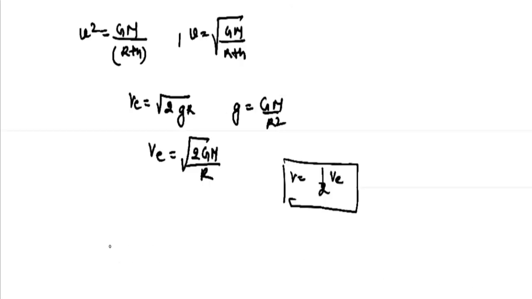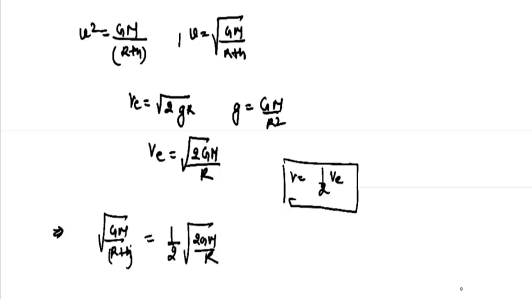Now also we know that this is our escape velocity, and the velocity that we have calculated for the satellite is this. So now let us equate this. If we want to write the escape velocity and the v, we can write under root GM by r plus h is equal to half under root 2 GM by r.